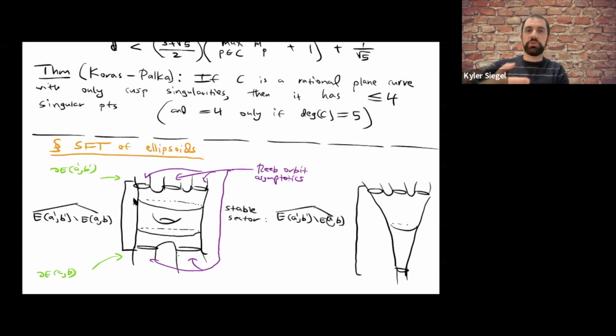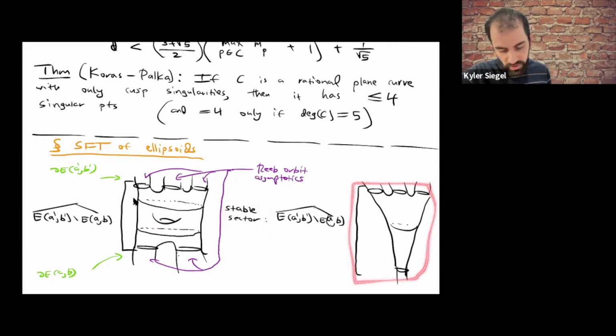Although there are various levels of SFT. The simplest level would be where you're only interested in cylinders, and the most complicated level is where you allow arbitrary curves of arbitrary genus, and then there are various intermediate levels of SFT. For this talk, the most relevant level of SFT is what I would call the stable sector, which is very roughly speaking modeled on genus zero curves with one negative end.